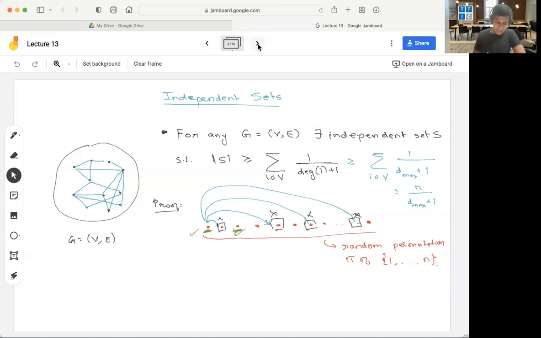And I claim that it's actually finding an independent set of the size we wanted. So let's say Z is equal to the size of the independent set we find this way.